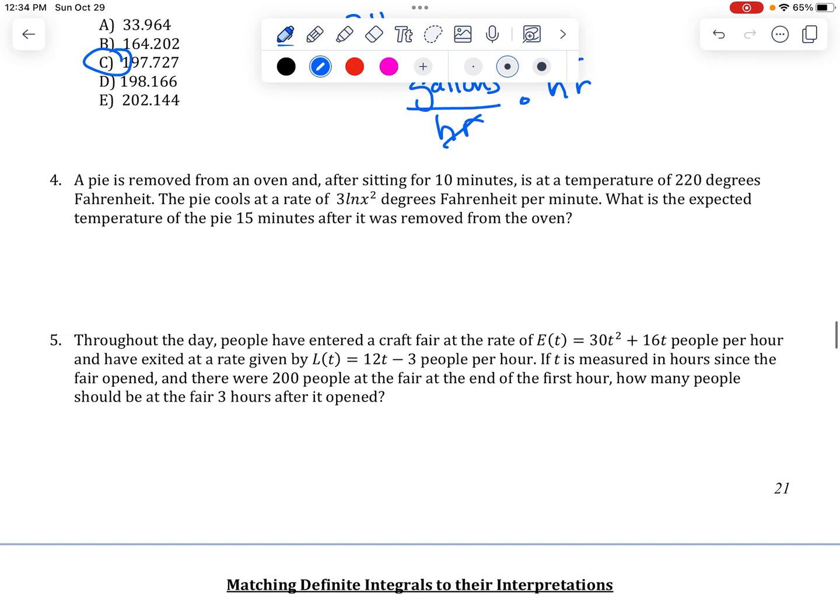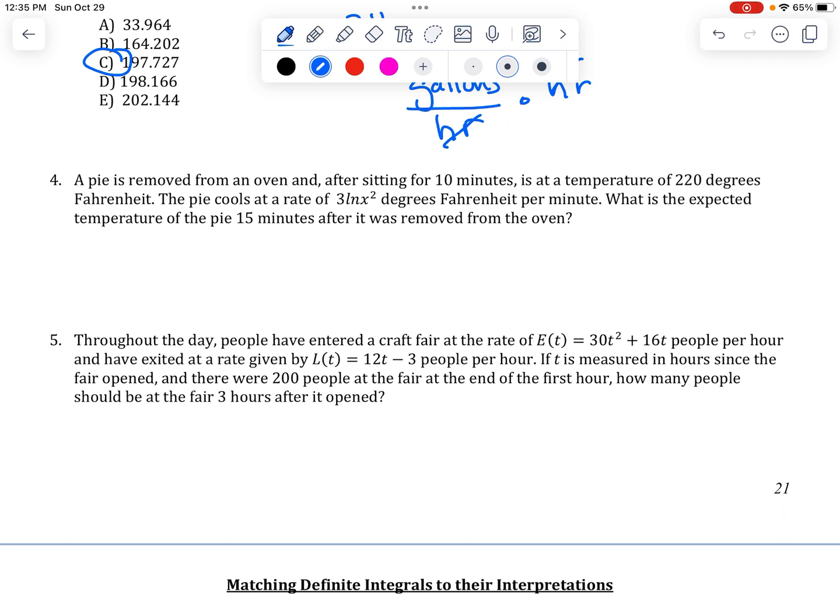Okay, next one. It says a pie is removed from an oven, and after sitting for 10 minutes, it's at a temperature of 220 degrees. The pie cools at a rate of 3 natural log of x squared degrees Fahrenheit per minute. What is the expected temperature of the pie 15 minutes after it is removed?